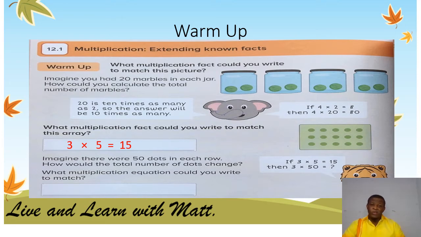How could the total number of dots change? So if we have 50 dots, it's going to be 3 times 50. And the multiplication fact could be 3 times 50, which is equal to 150, since 3 times 5 equals 15.